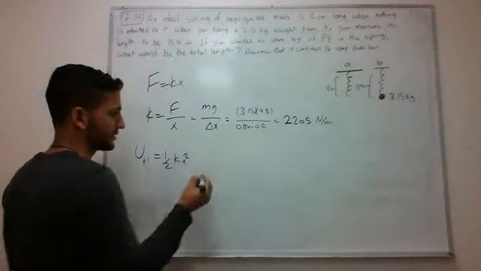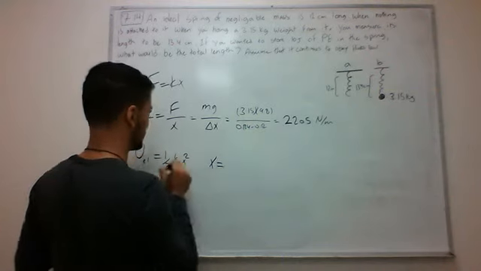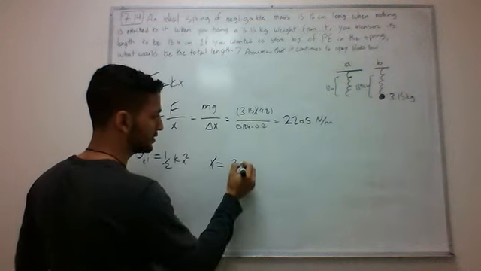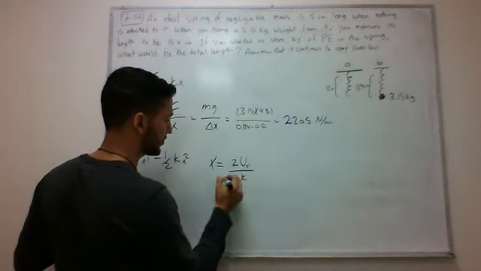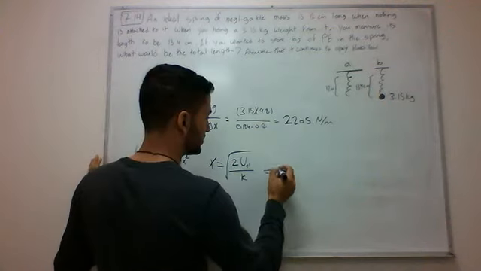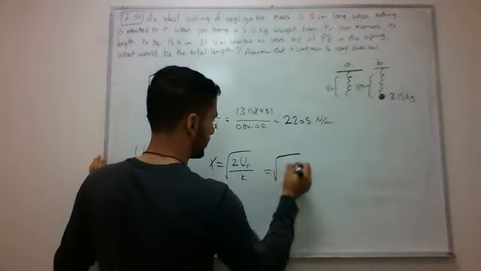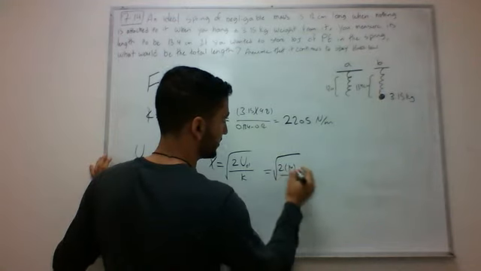And we need to solve for x. So x is going to be equal to, we multiply both sides by 2, so the square root of 2 times the potential energy over k, because we have it squared. Plugging in the numbers, we get the square root of 2 times 10 joules divided by 2205.